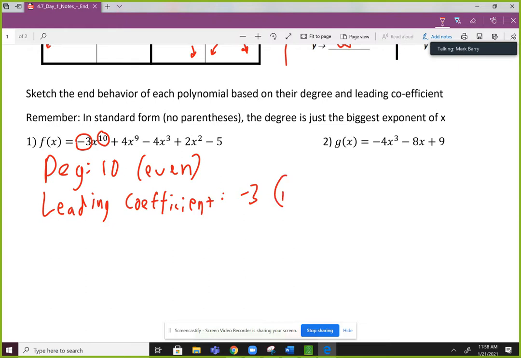Now, all I care about is the fact that that's negative. Okay, so I have an even negative. Even negative. Degree 10, leading coefficient -3.